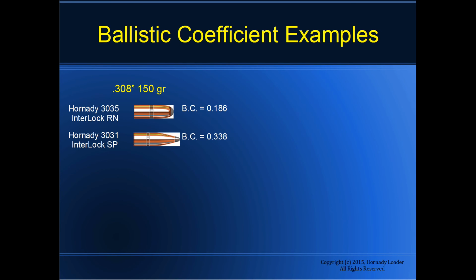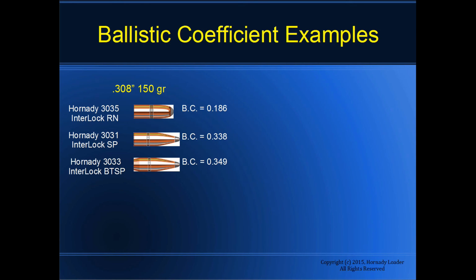Now here's the Hornady 30-33 interlock boat tail spire point. It's identical in every way to the 3031, with the exception that this is a boat tail bullet. And that boat tail will reduce the drag of the bullet, the friction of the air. There's less surface of the body of the bullet to produce friction with the air.